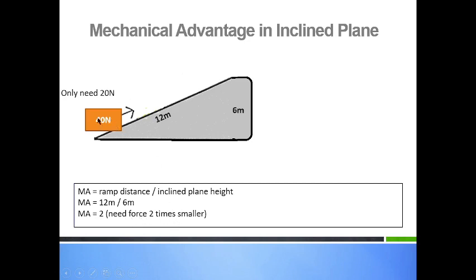It means if you have a 40 newton box, you only need 20 newton to push the box using this inclined plane. This assumes there is no friction. You only need 20 newton to lift a 40 newton box to the top of the inclined plane. We need smaller force.